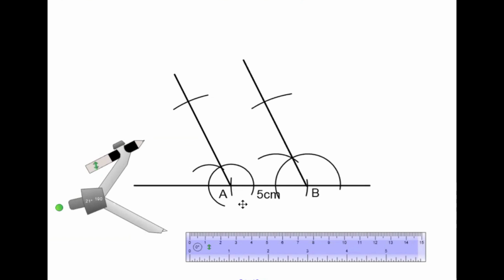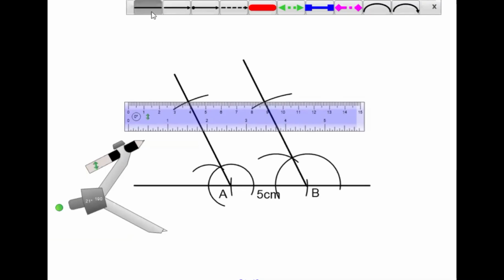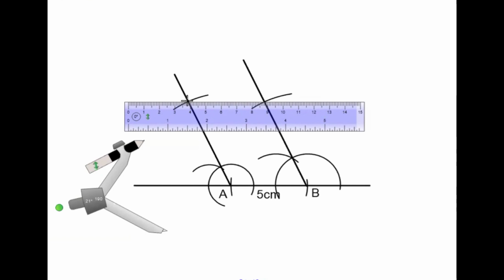So from there, we place the ruler to join the two positions. Point C is here. B is here.